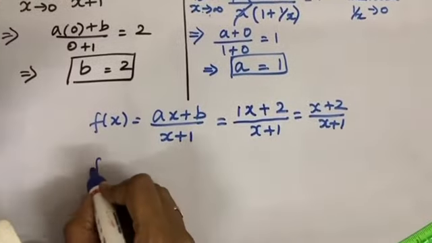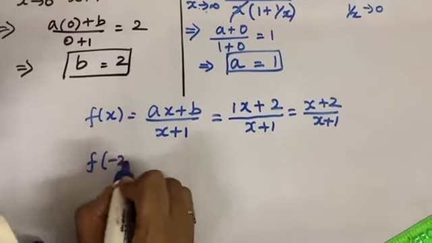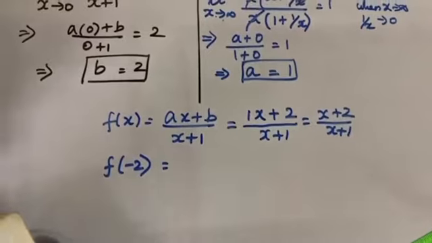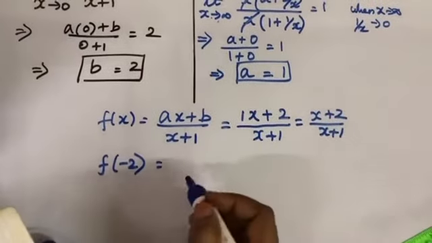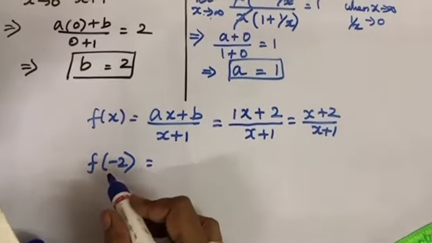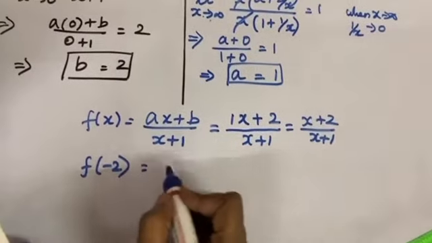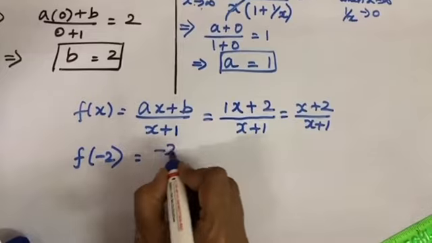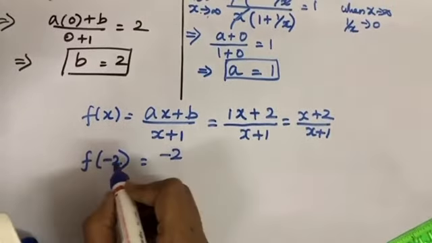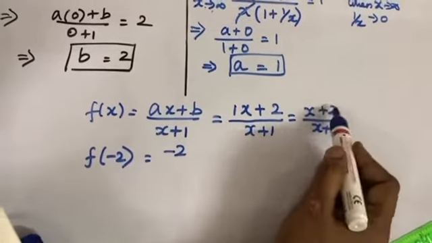What we have to find is f of minus 2. F of minus 2 means in the place of x, you have to substitute minus 2. f of x is x plus 2 by x plus 1.